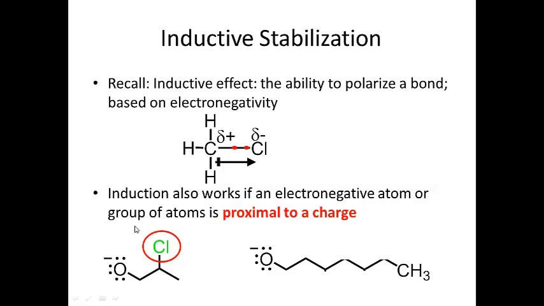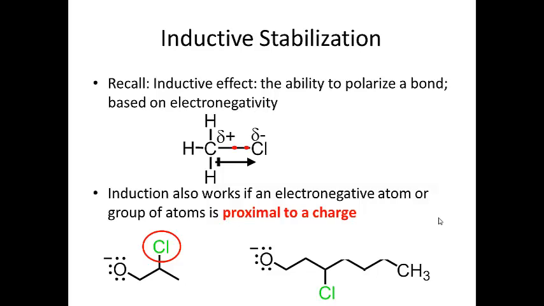And so induction works that way also, because this chlorine can still inductively pull electrons towards itself if it's proximal to the charge, which is just a fancy word for the distance to the charge. So if it's close to the charge, it's able to have some inductive influence on that charge and help to stabilize it.